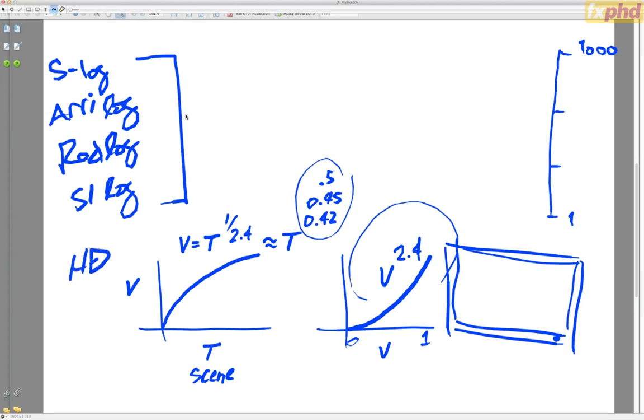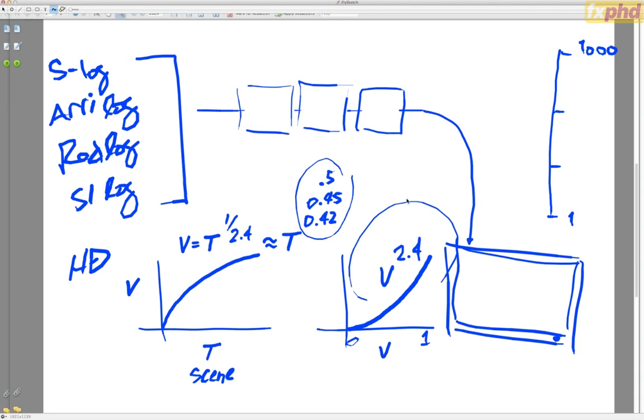But again, in cinema, we typically do log processing. So we're relying on the DI processing chain to take that log data, and at some point in the chain, when we're distributing to HD, somebody's got to do this conversion. So in cinema, the curve we use is more like a log, but it has a very close resemblance to the power function. So the processing in the DI chain will differ.